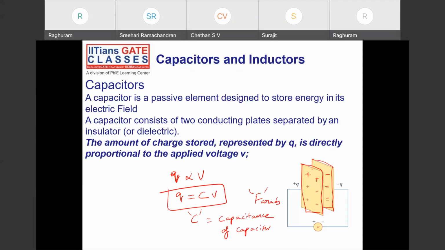Capacitance, similar to resistance, is a physical quantity. It depends upon physical properties. Capacitance is a physical property, similar to resistance. The amount of charge stored, represented by Q, is directly proportional to the applied voltage.